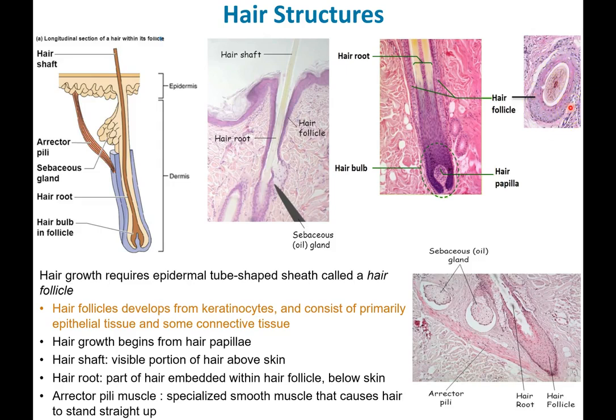Now, the erector pili is specialized smooth muscle that attaches to each hair follicle. When it contracts, the erector pili muscle causes the hair to stand erect and a goosebump forms on the skin.